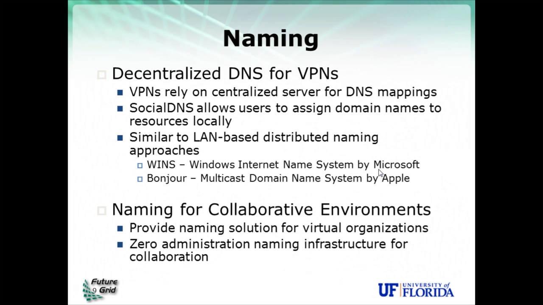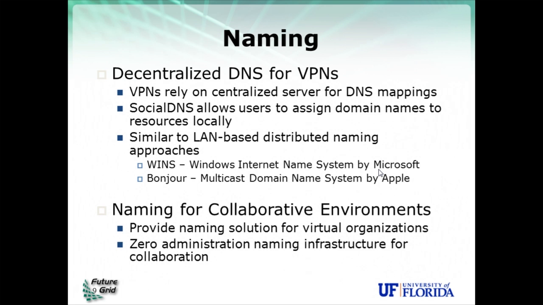We have also in the SocialVPN a mechanism to map names, decentralized DNS for this type of VPN. And the approach here is you don't want to have a single authority that decides on names. You would like users to be able to assign their own names that are only valid within the scope of these VPNs. And these names can be mapped with the help of friends.